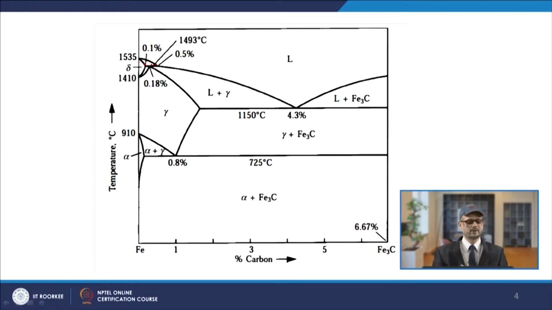You have 0.2% of steel, and on this side it is given as 0.5%. So, the percentage of delta phase will be 0.5 minus 0.2 divided by 0.5 minus, it is touching here, so that is 0.5 minus 0.1.